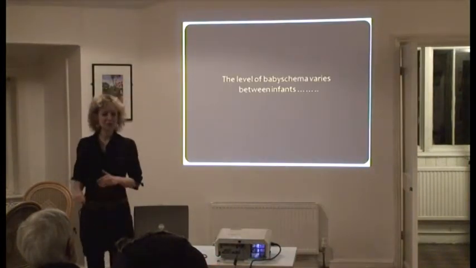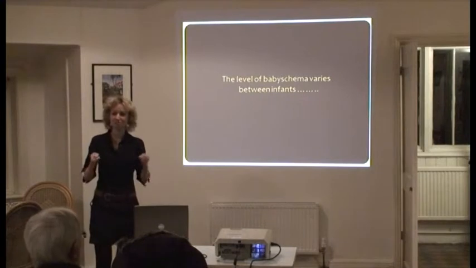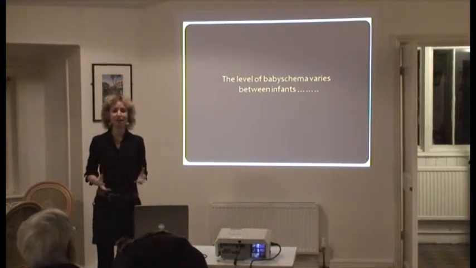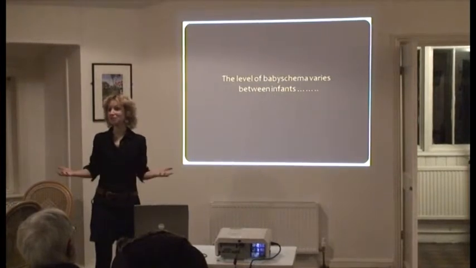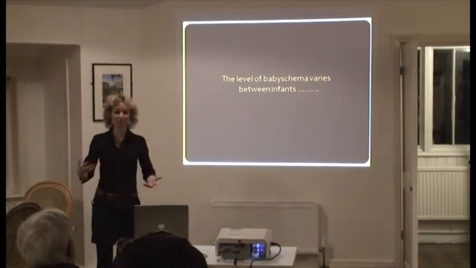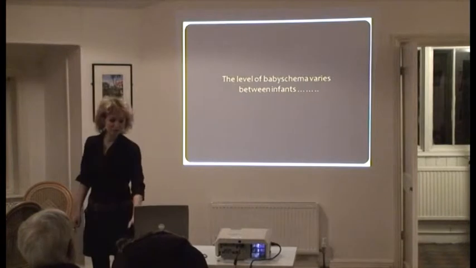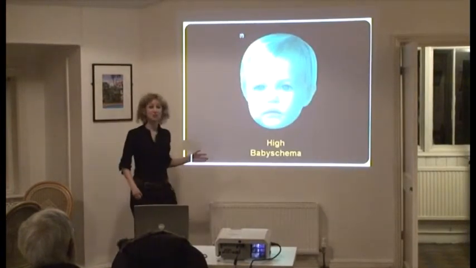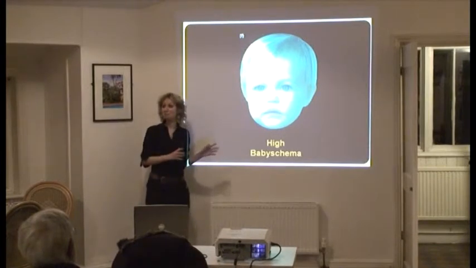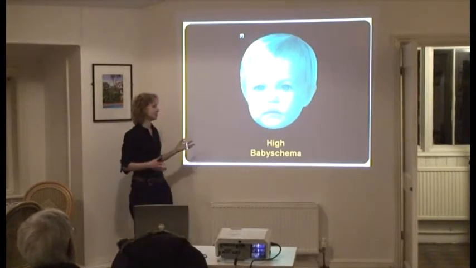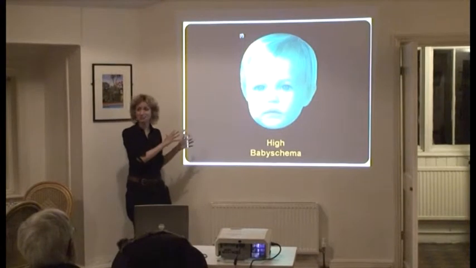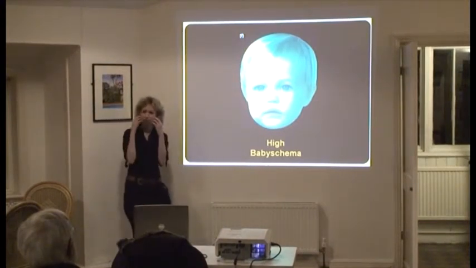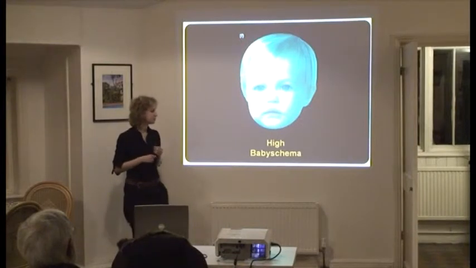Okay, so we mentioned that Lorenz called this the baby schema, and the level of baby schema varies between infants. Like with everything else, some people have a lot, some have a little. But what I mean by this is, basically, let's have an example of an infant with what we might call high baby schema. And this infant, as you can see, is a very typical looking infant. It's got big eyes, chubby cheeks, really low set facial features.